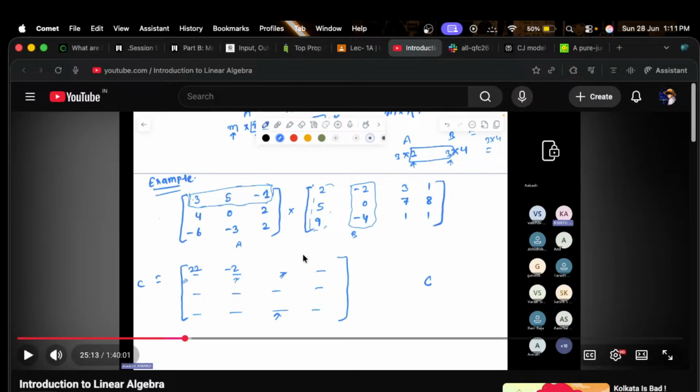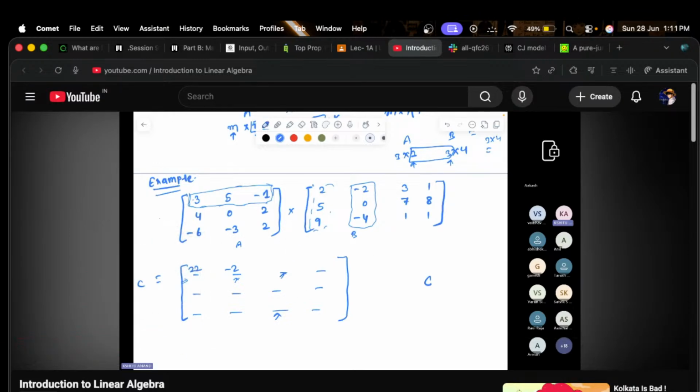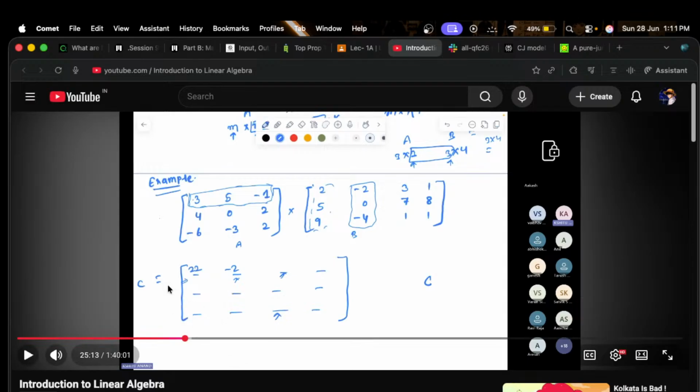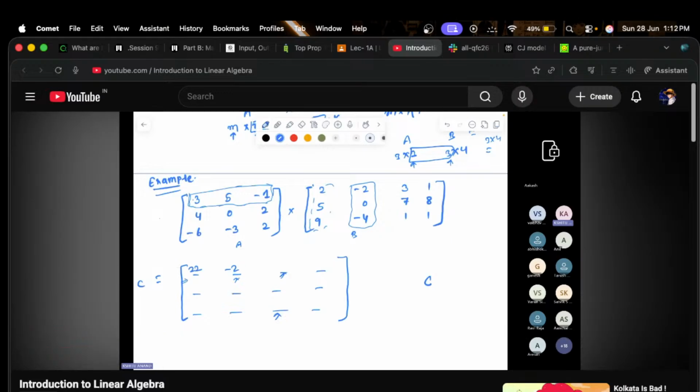Okay, so it is understandable what and how we are doing this. So if you are doing, let me just do it by myself. Should I just switch the screens or what?